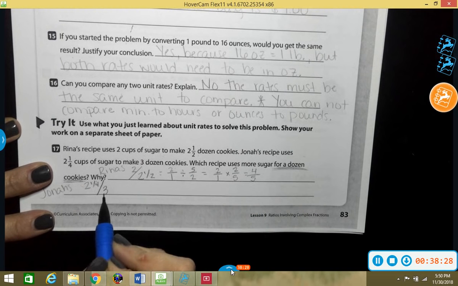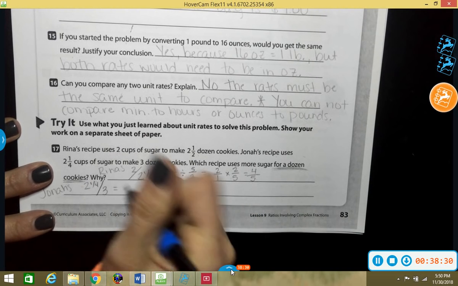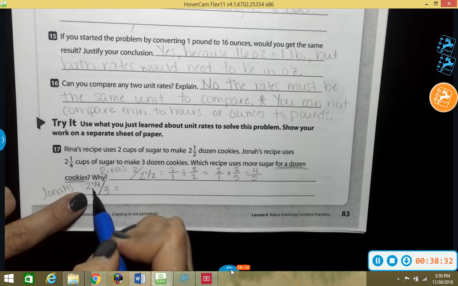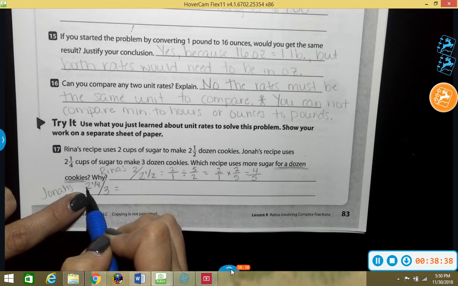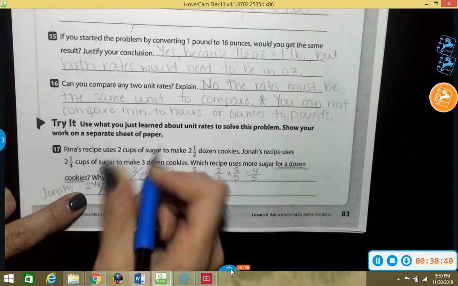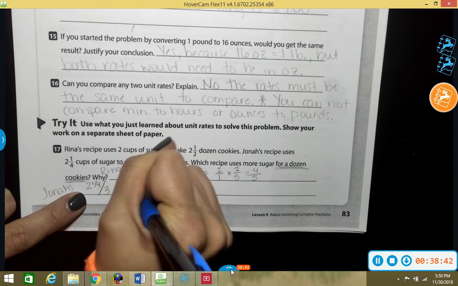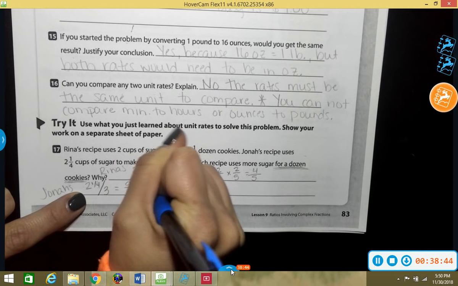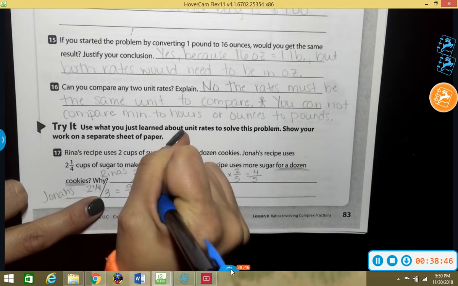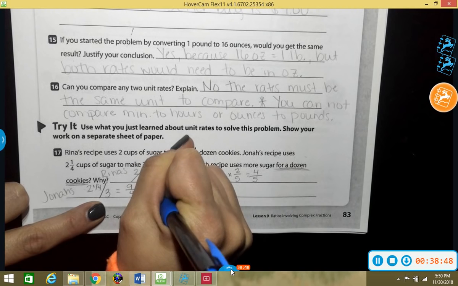Again, a complex fraction, so let's simplify this a little bit. Make the mixed number into an improper fraction. 4 times 2 is 8, plus 1 is 9. So we have 9/4 divided by 3. So 3 as a fraction is 3/1.